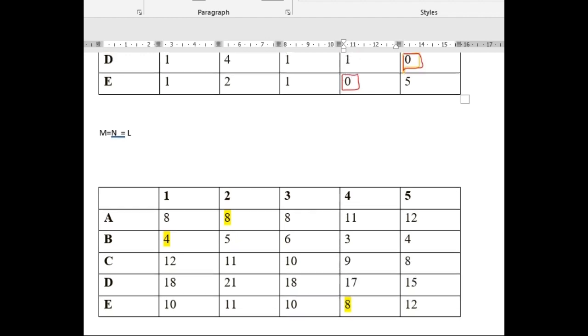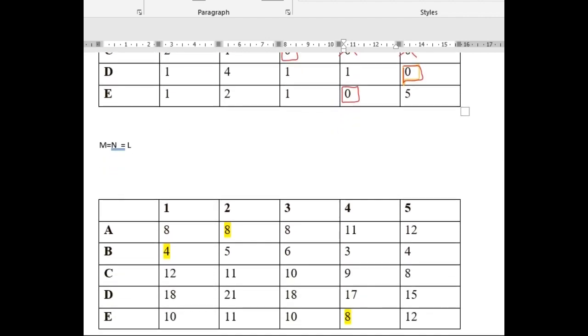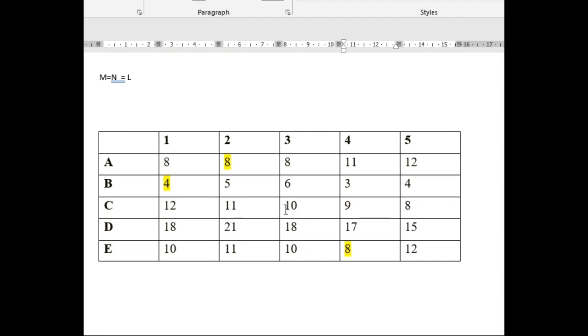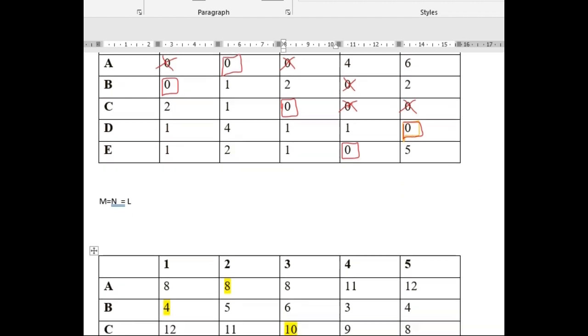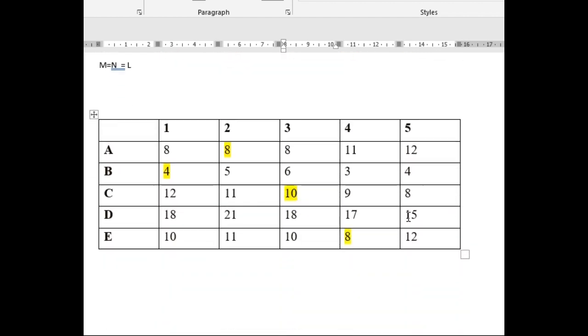And the last number, one more number is there, that is 10 number we have to take. This is your 10 number and 15 number. So all the numbers are coming from the original table. This is your original table, and I have just highlighted the numbers related to the assigning cells.